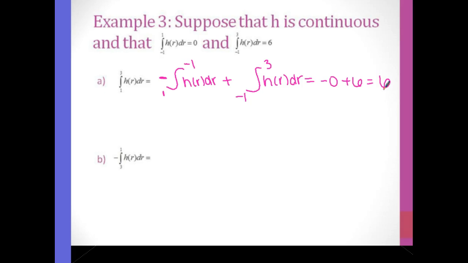All right, I want negative 3 to 1. So what did I find here? I found 1 to 3, right? So how do I flip this? What do I have to do to this? Make a negative.